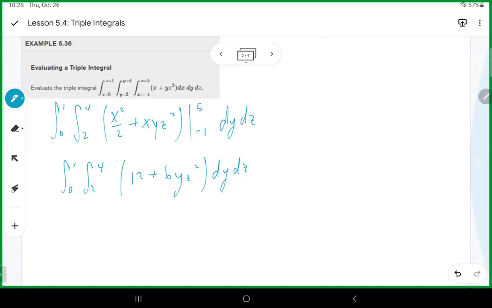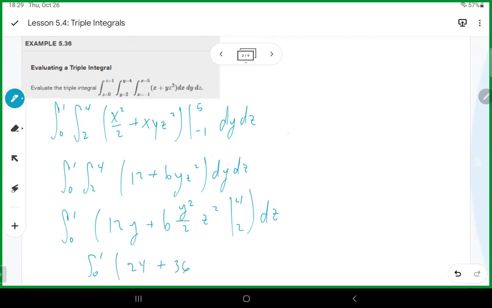And now we want to evaluate with respect to y. So we'll have 0 to 1 for the z, 12y plus 6 y squared over 2 z squared, and then from 2 to 4, dz. Again, evaluate. You're going to end up with 24 plus 36 z squared dz.